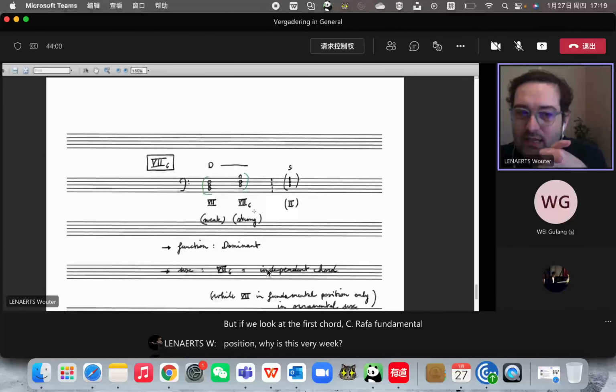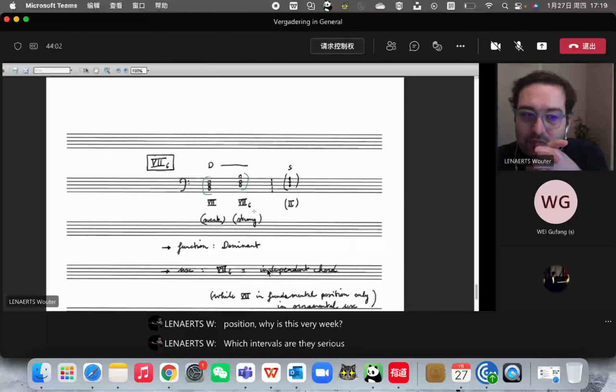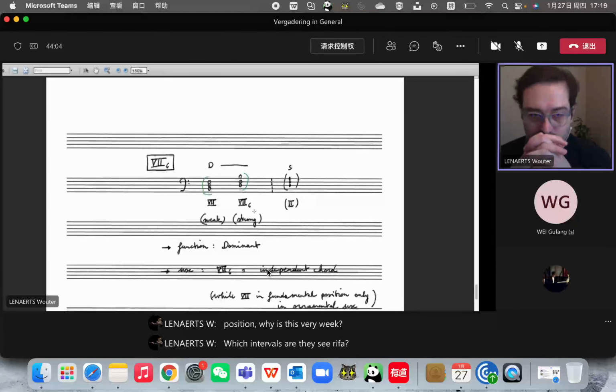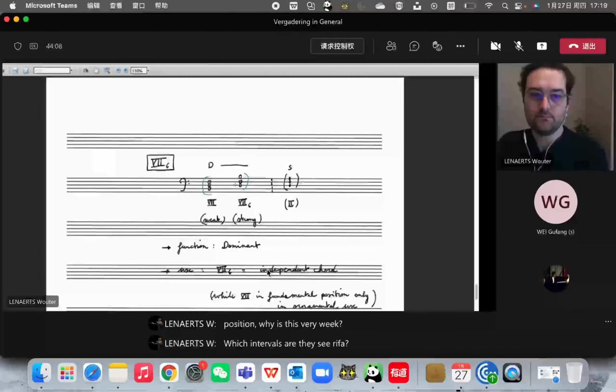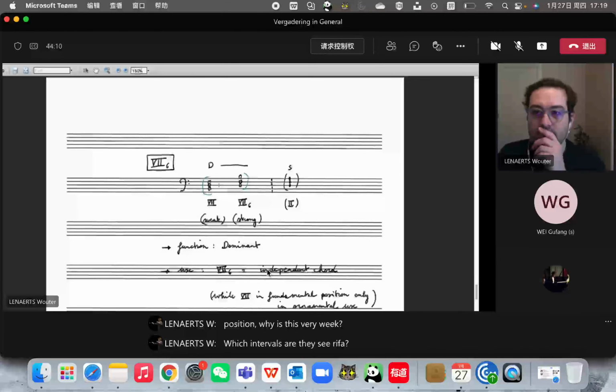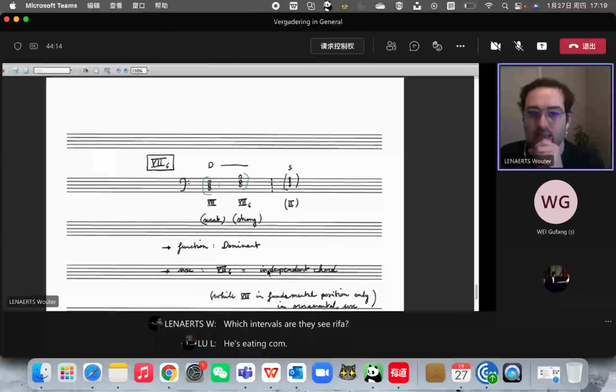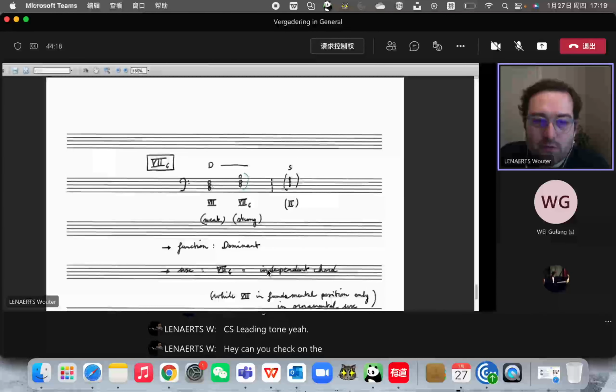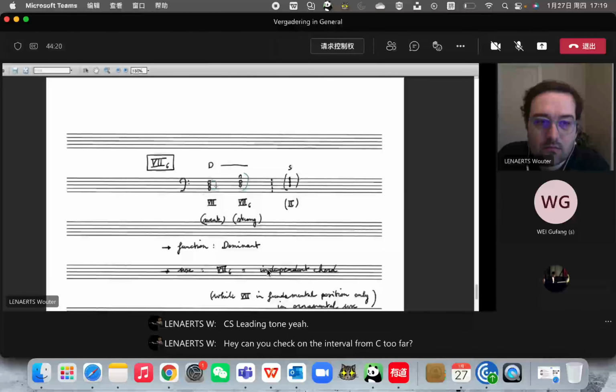Which intervals are they? Si, Re, Fa? Because Si is leading tone, it's very unstable. Si is leading tone, yeah. It's very unstable. Can you check on the interval from Si to Fa? It's diminished fifth.